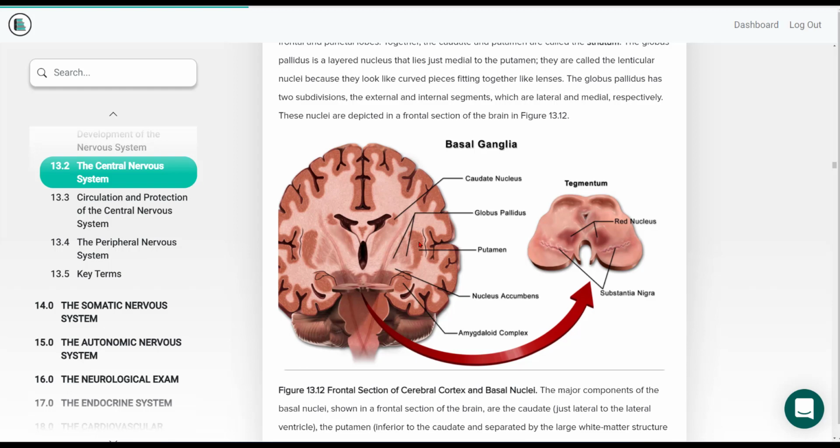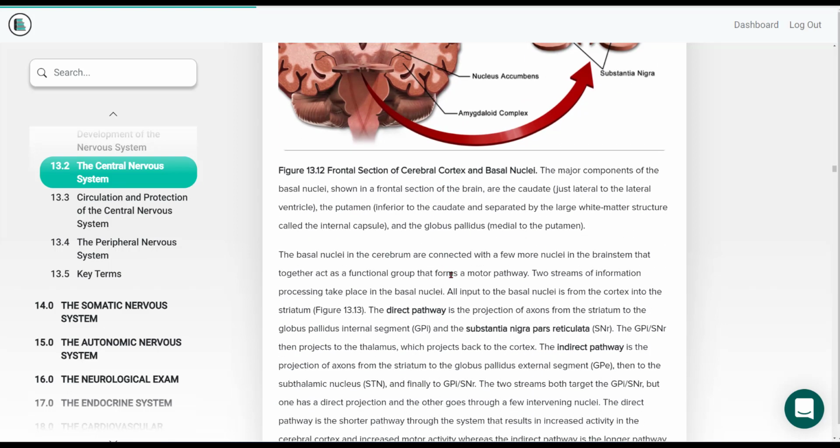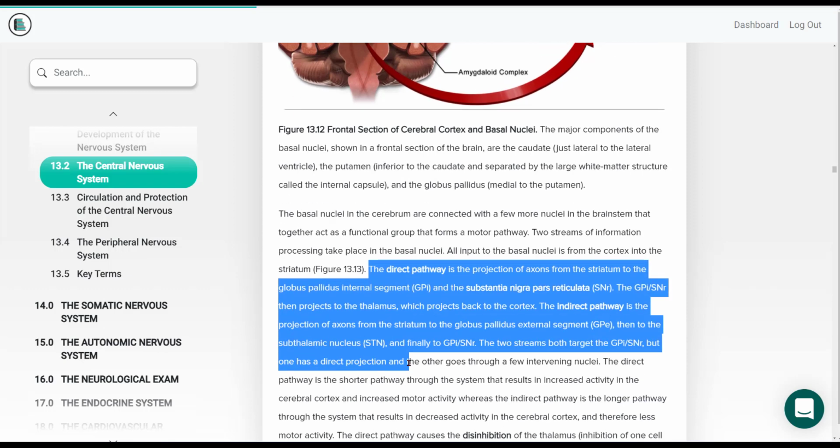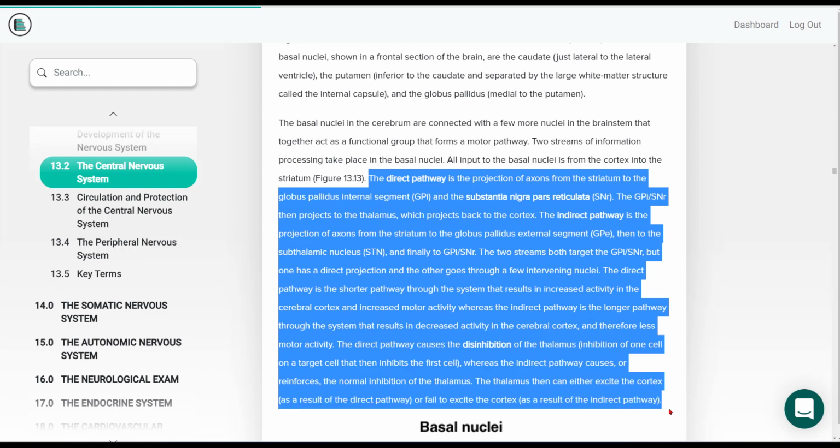So where you have cell bodies, you have neurons sending in and reporting to those cell bodies within these regions. So again, the basal nuclei, these three regions are helping to coordinate your movement, not initiate, but to coordinate.